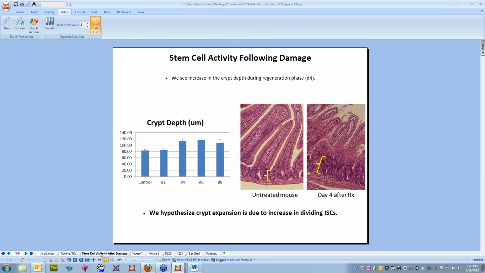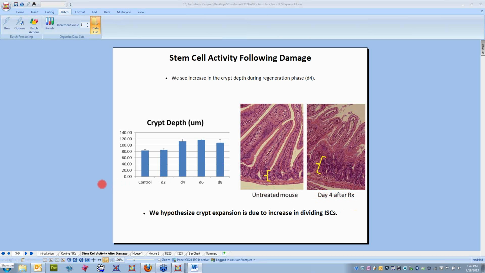One of the things that we're working on right now is looking at how the intestine regenerates following damage. We know that it's very resilient. It can be almost completely wiped out, and if the stem cell compartment in the crypt base is intact, it can regenerate the intestinal epithelium. Here we're looking at tissue in an untreated mouse and 4 days after a prescription drug that has cytotoxic effects.